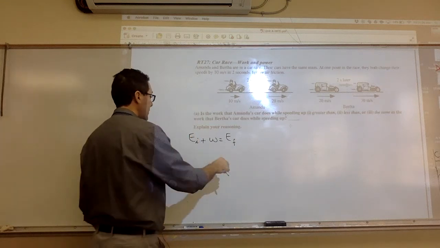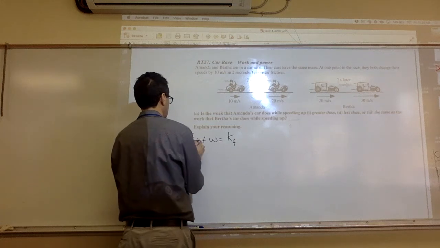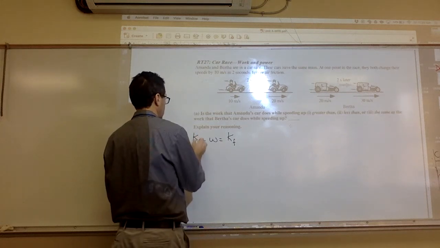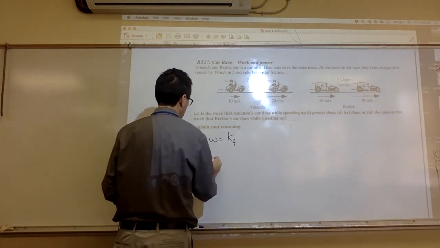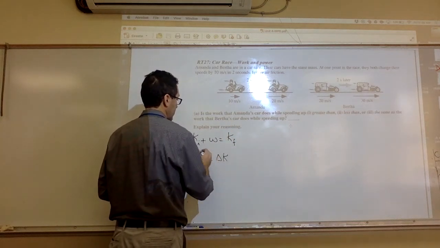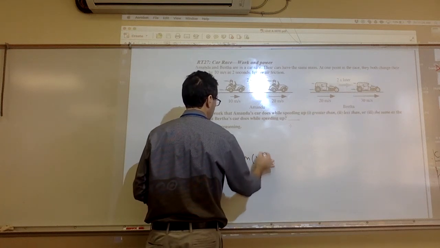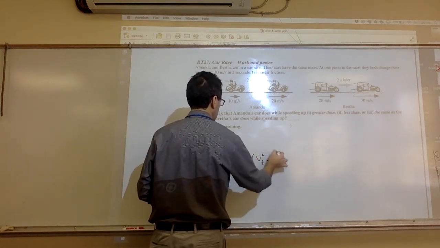Here we're only dealing with kinetic energy. We're on a flat surface. So I can say that the work is basically equal to the change in kinetic energy, which is 1/2 m times the final velocity squared minus the initial velocity squared.